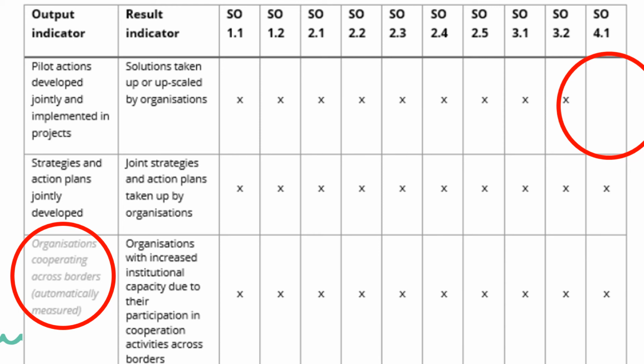Set 3 focuses on the impact of a project on capacity building. As already mentioned, the respective output indicator, organizations cooperating across borders, is automatically calculated by our online monitoring system. This is why it is grayed out here. All you need to consider is the result indicator, organizations with increased institutional capacity.